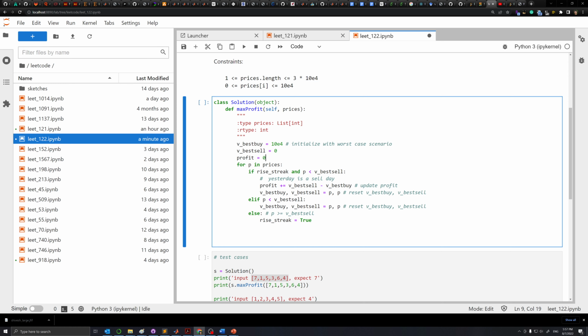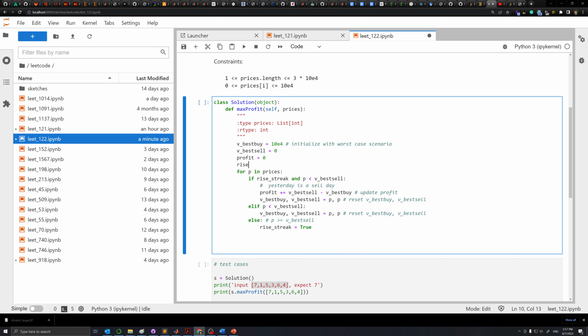I don't know how we should initialize the rise streak here. At the beginning, I think it's false, because you don't know, so you better use false. But we'll find out.